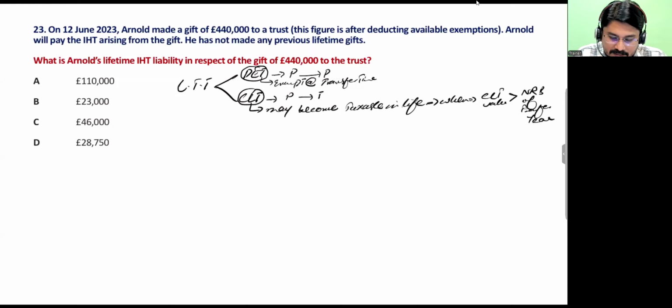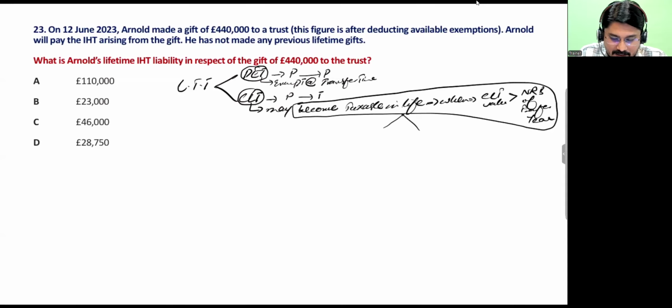Once this condition is met, the tax can be calculated.